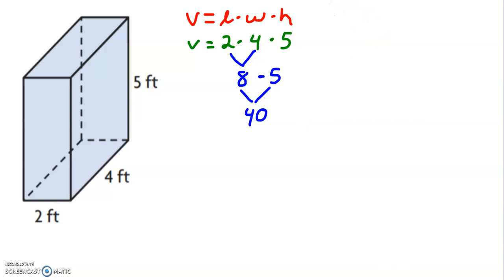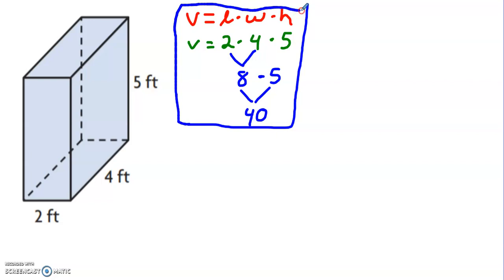Now I could also do my other formula, but I'm going to box this off so it's separate, because I don't want my formulas to be confused. For the other one, I need to know what my base is. So my base is going to equal my length times my width.